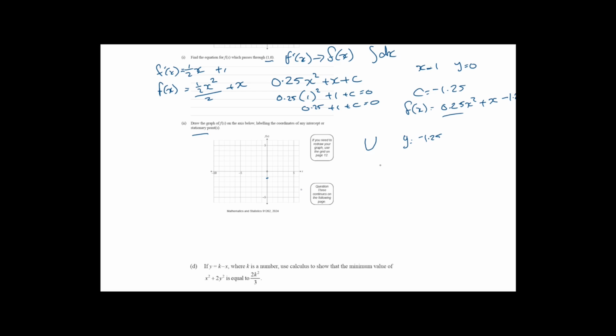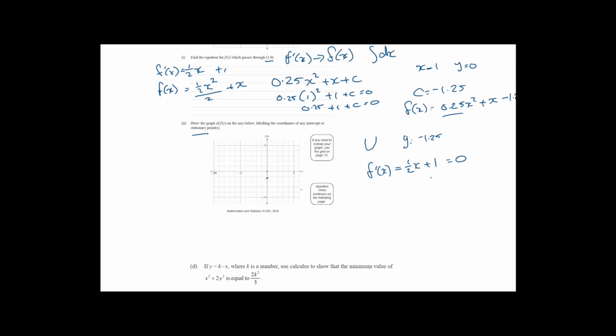To find the turning point, we're going to differentiate, but we don't really need to differentiate because we're already given f dash of x, and we worked that out to be half x plus 1. So we're going to set that equal to 0 and solve.